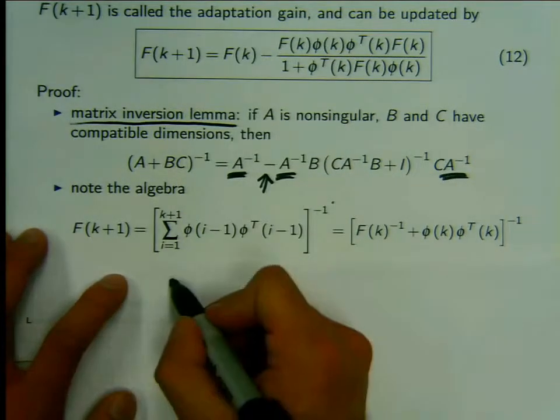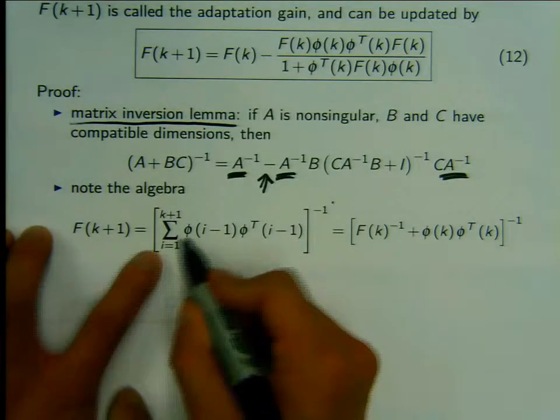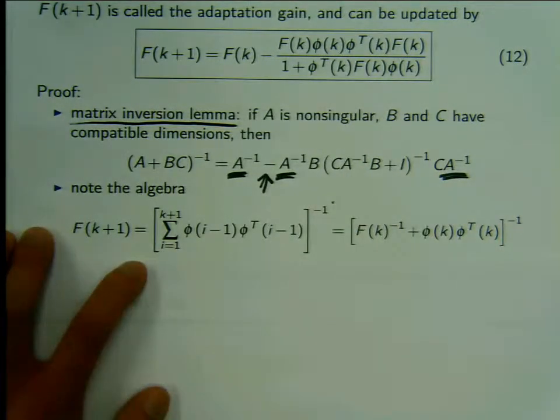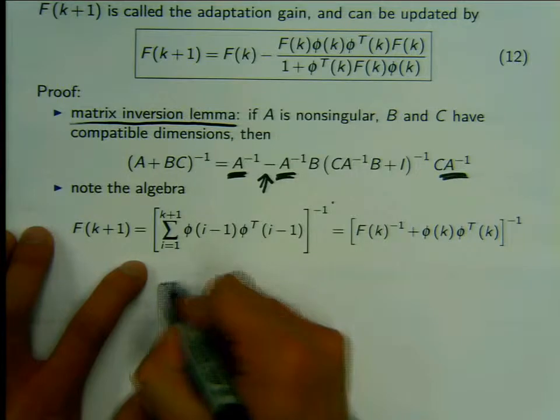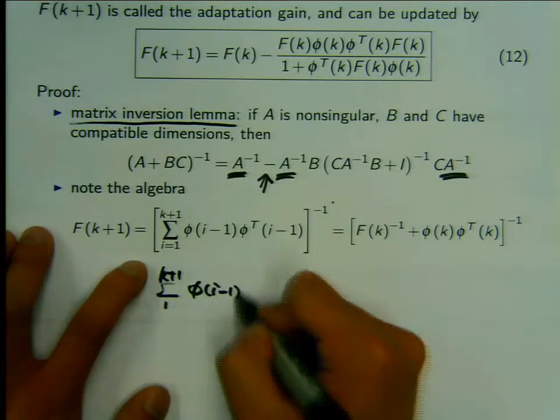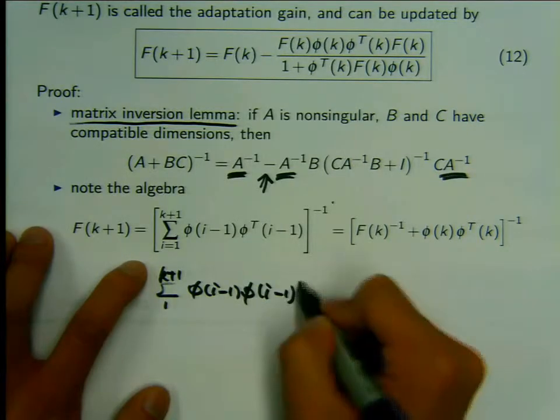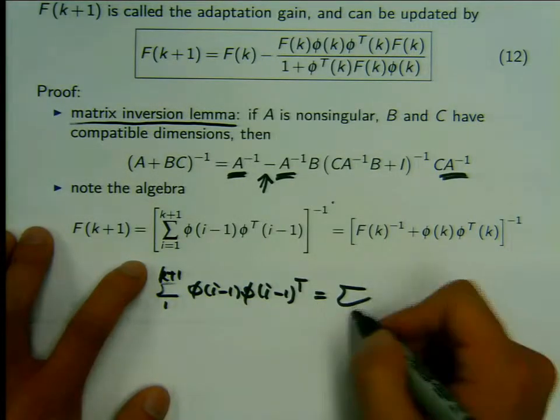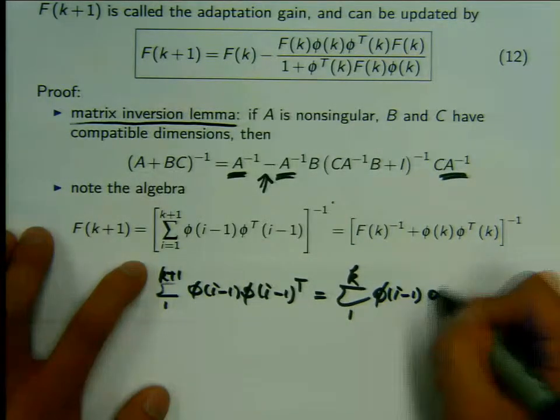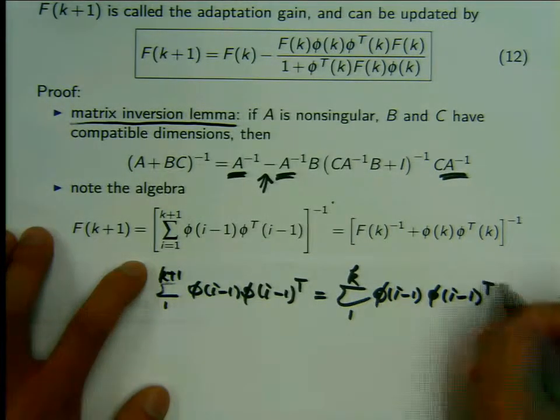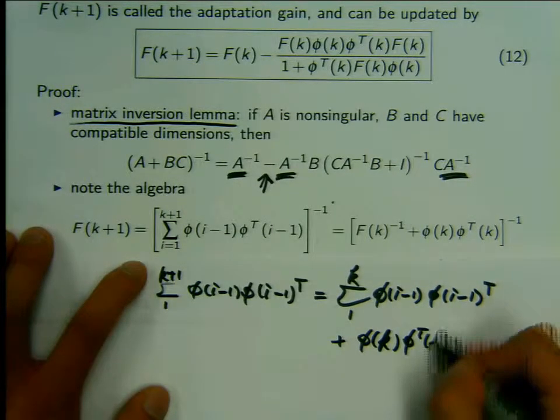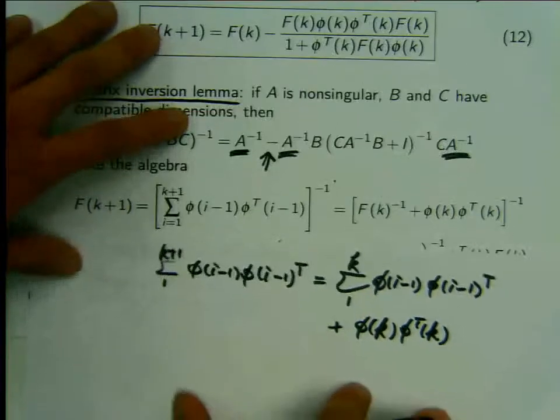So we have explained Fk plus 1 equals the summation from 1 to k plus 1, the inverse of this guy, and then which is going to be equal to, so summation from 1 to k plus 1, phi i minus 1, phi i transpose equals summation from 1 to k, phi i minus 1, phi i minus 1 transpose, plus. Okay.